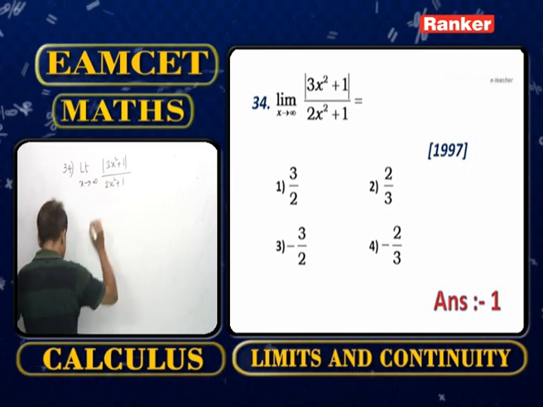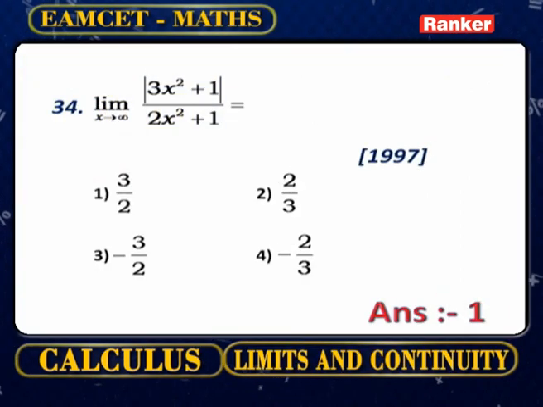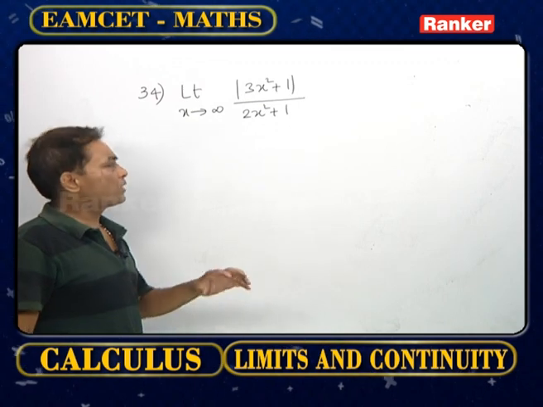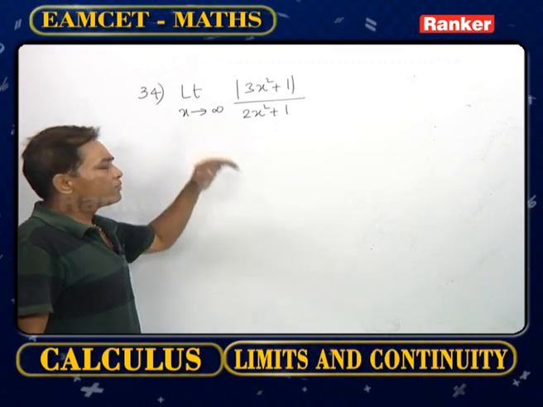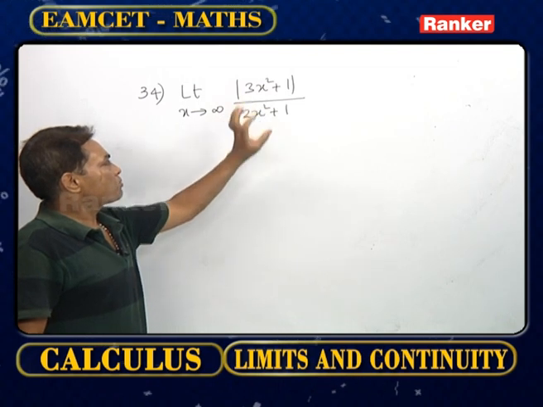Here, the mod function will give you the absolute value, which is always positive. But as x tends to infinity, the expression is already positive only. So, there is no use of modulus here.